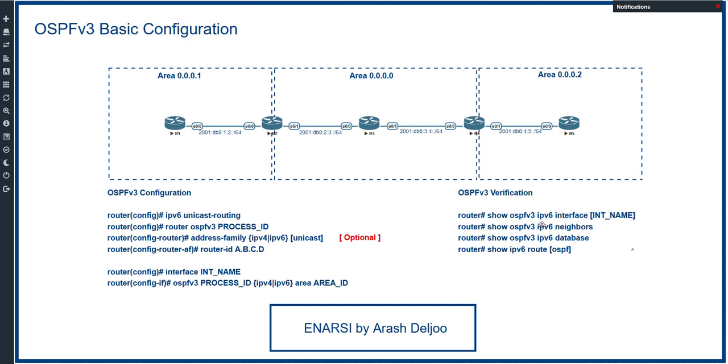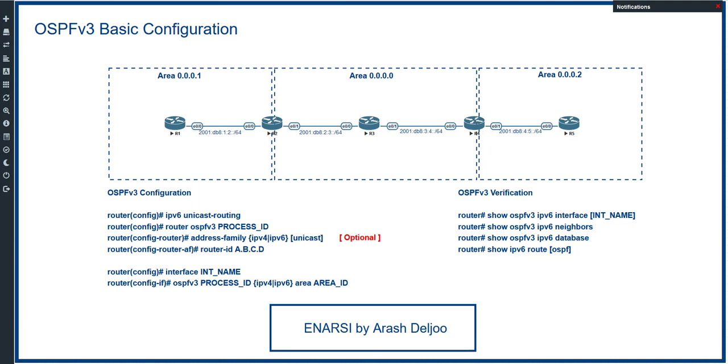Show OSPF IPv6 neighbor for the neighborship table, show OSPFv3 IPv6 database for the LSDB, and also show IPv6 route with the OSPF keyword for the routing table. This is exactly similar to OSPF version 2, only instead of show IP OSPF, we are using show OSPFv3 IPv6 or IPv4. Let me show you.